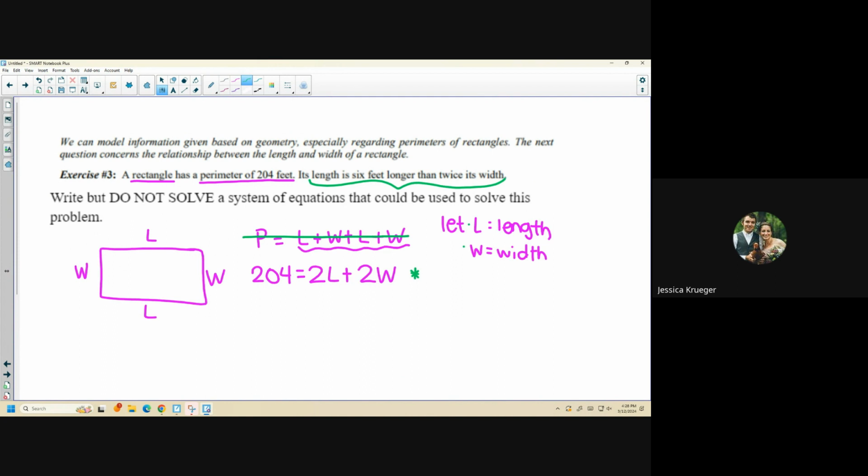The length is L equals 6 feet longer. That means I have to add 6 to something than twice the width. Twice means 2 times the width. So 2W goes up front. And that is my system of equations.